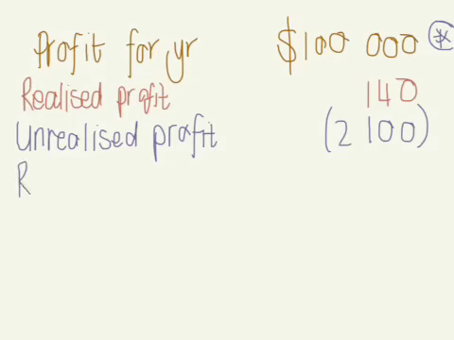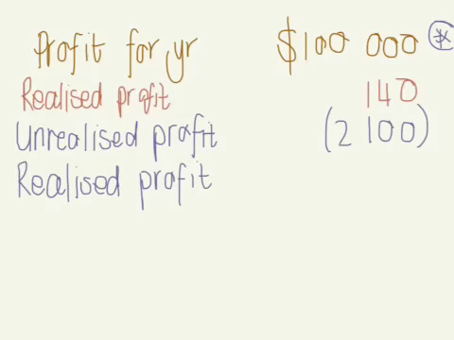But then for 6 months, that plant item was depreciated. So there is a portion of the unrealized profit that actually started to realize, for an amount of $158.